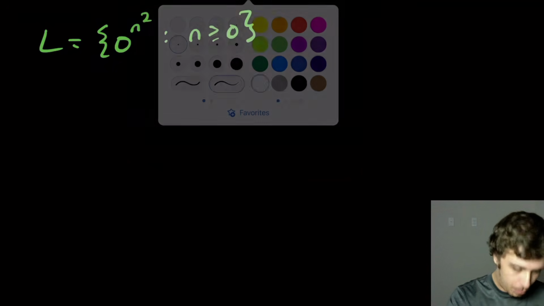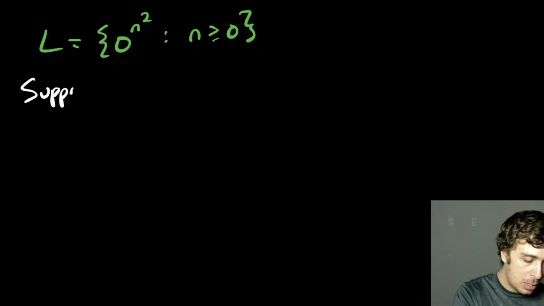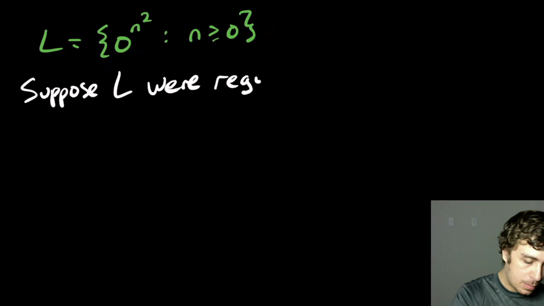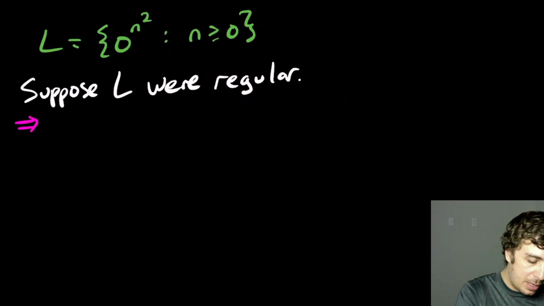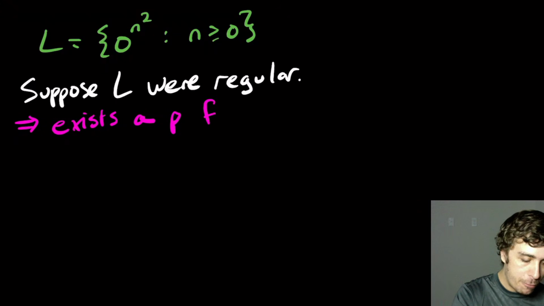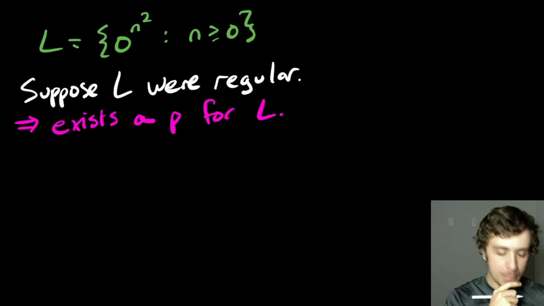So let's proceed as we would normally do. Suppose L were regular. Then what we know is that there exists a pumping constant p for this language L.